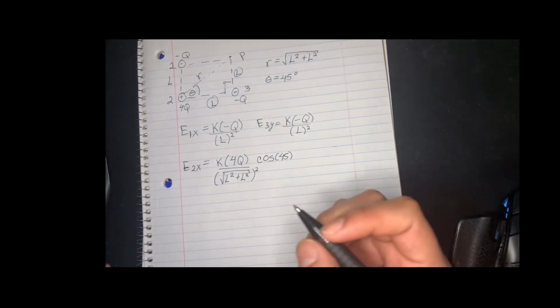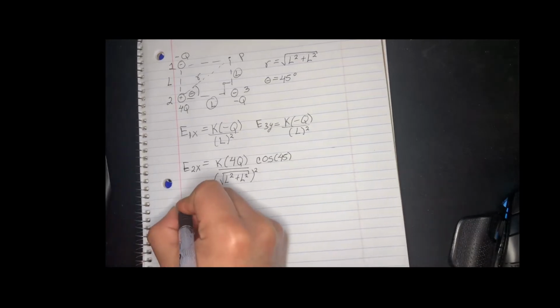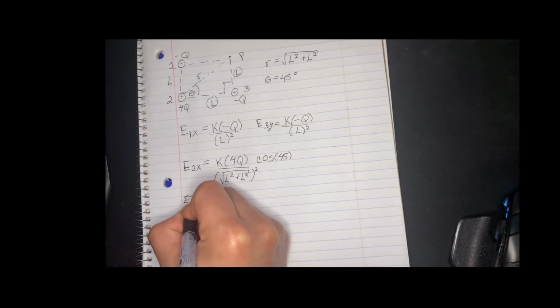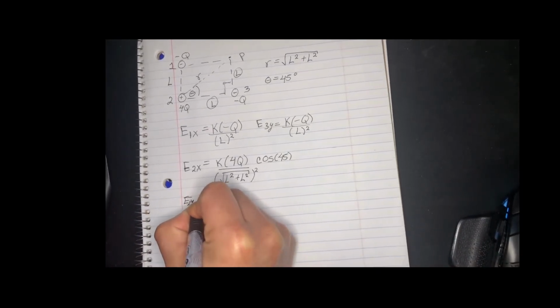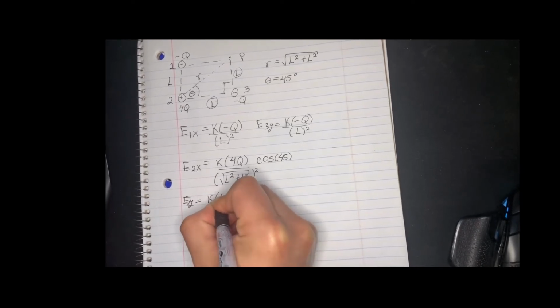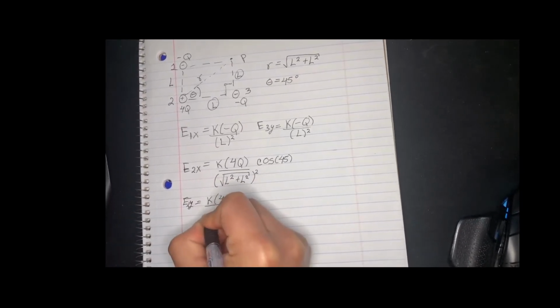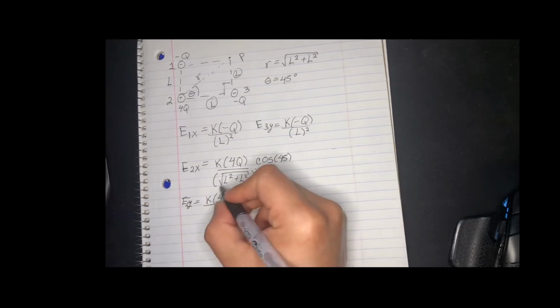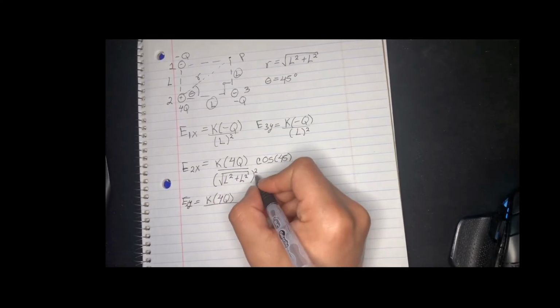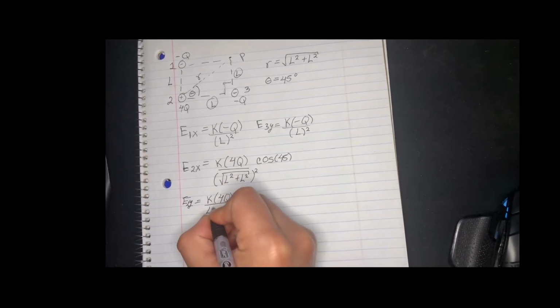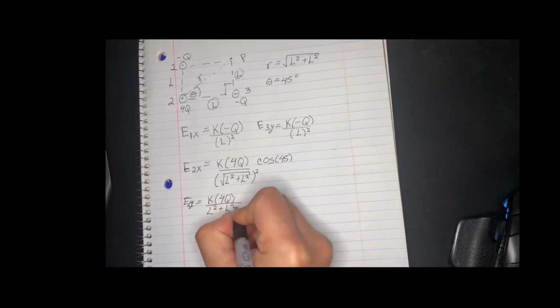And we can do the same for the Y component. E2Y is gonna be K 4Q. We can already cancel out the square root with the square over here, so we're just gonna write here L squared.